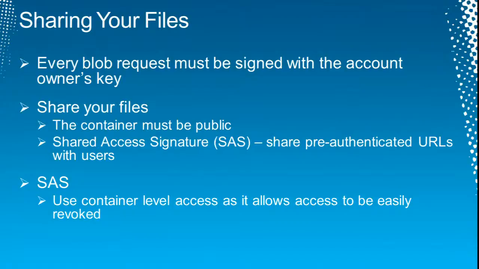You can make it public so that everybody can read your blobs. But there are scenarios where you don't want to make it public randomly. You want to control whom you give access to. There's something called shared access signatures for that. Shared access signatures are pre-authenticated URLs, and you can share this pre-authenticated URL with the people you want to share your blobs with.